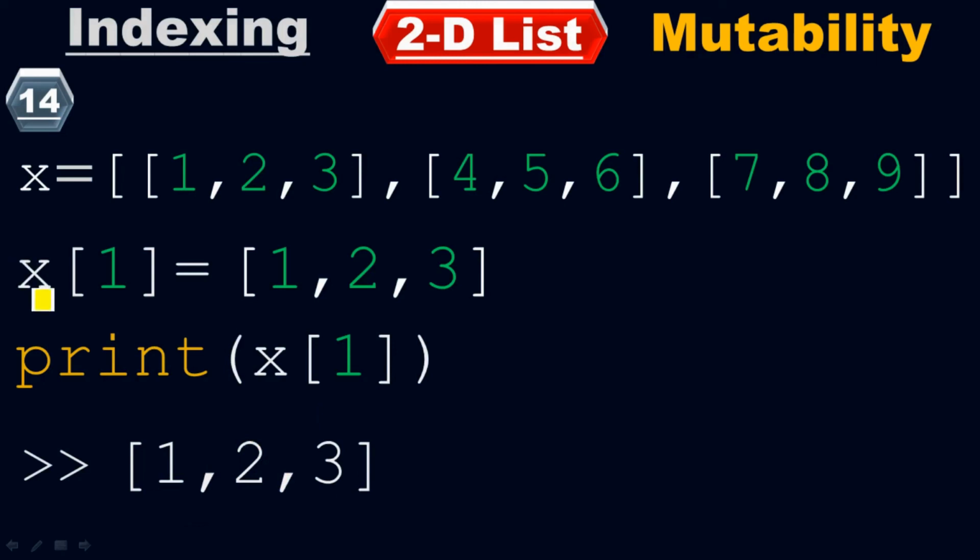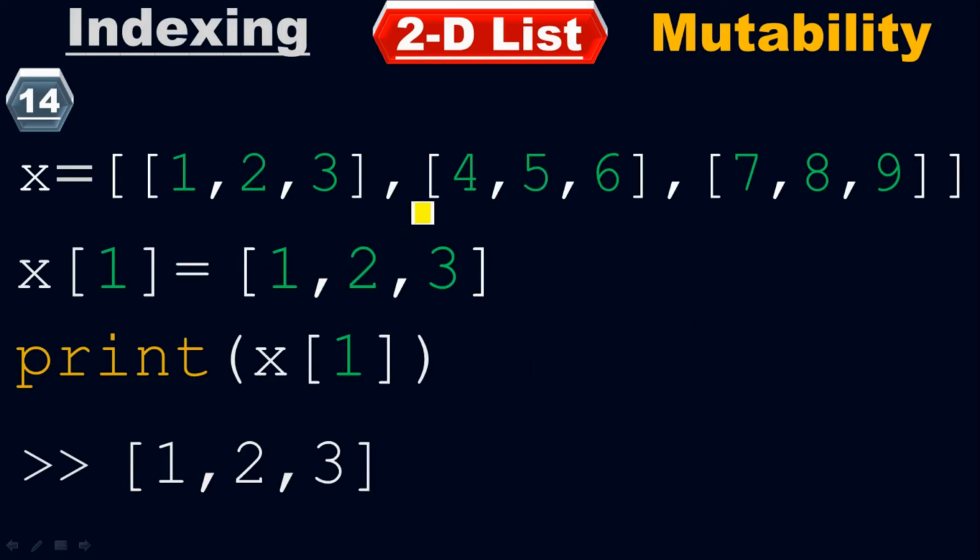We know that at x of 1, we had a list. My previous list was with the sub-items 4, 5, 6. But then what I did, I replaced this whole item by a new list with the sub-items 1, 2, 3. So this new list will be printed in the final output, not this old one.